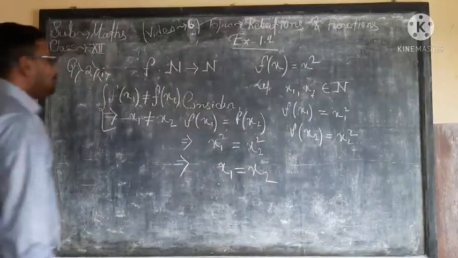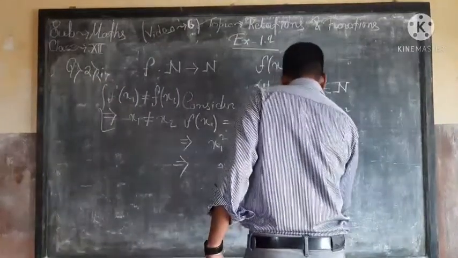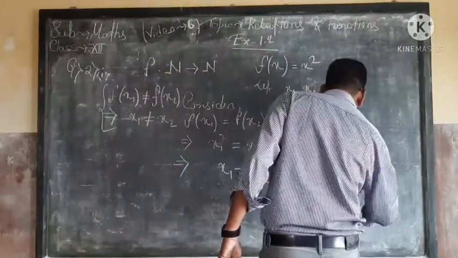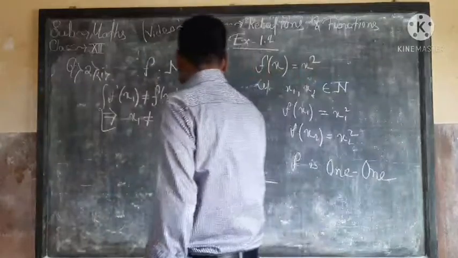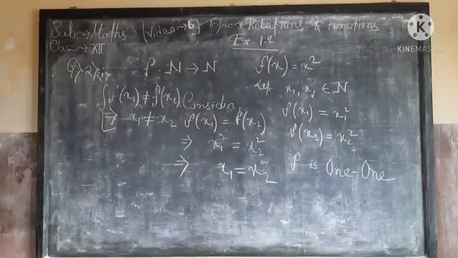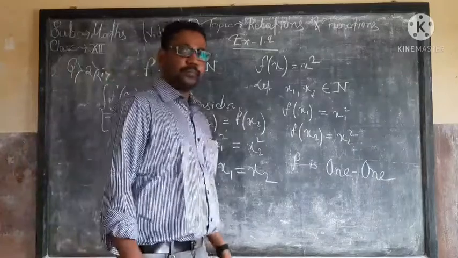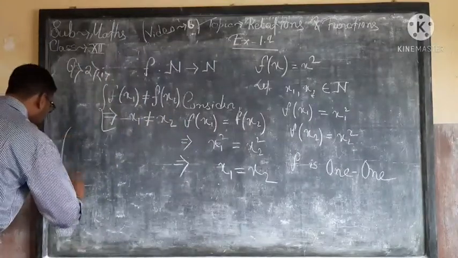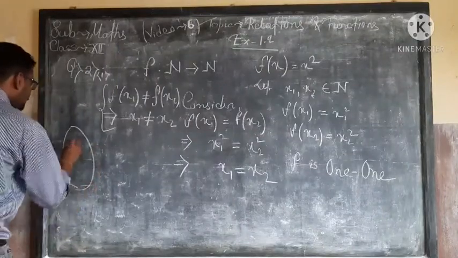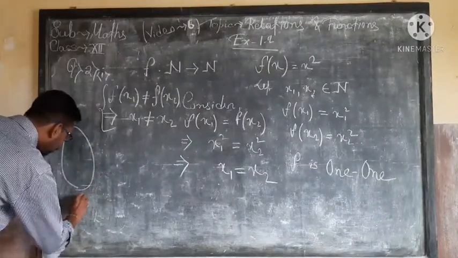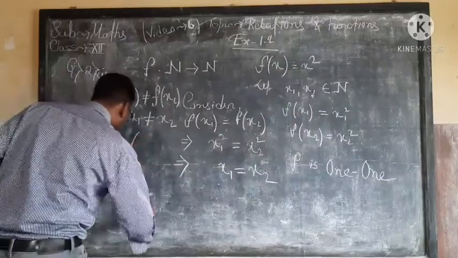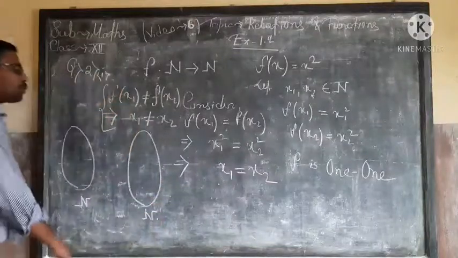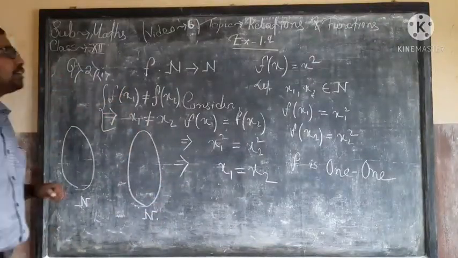Okay, so that means f is a one-one function, or injective. And the next, surjective. So as for this function, suppose this is our N, that means the domain, the natural numbers, and it is also the set of natural numbers that represents the codomain of this function.